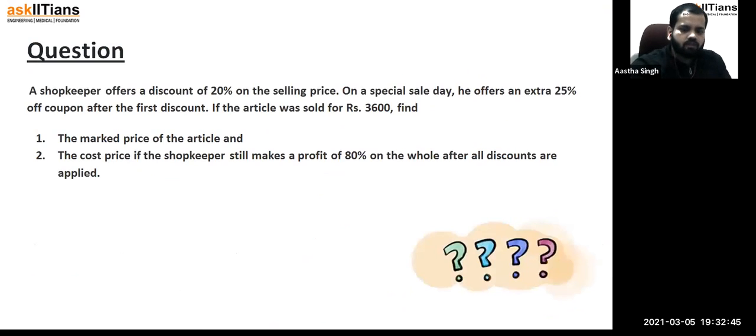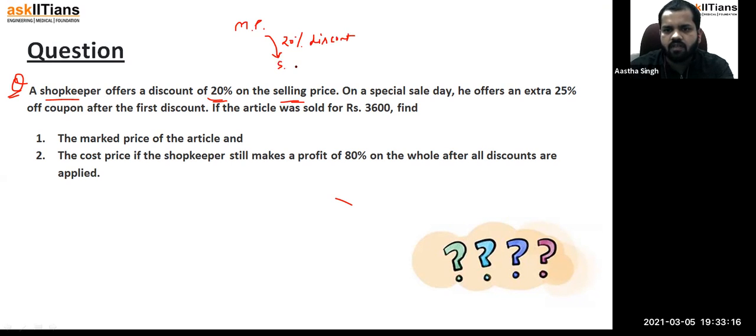So yeah, guys, another question is there for you. A shopkeeper offers a discount of 20% on the selling price. The question says that if your MP was something, then 20% discount will be given.